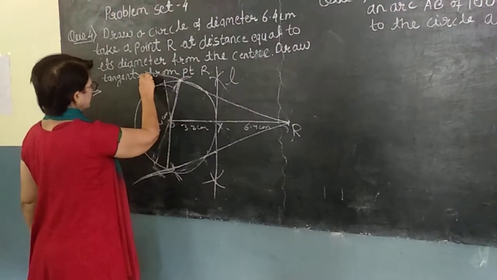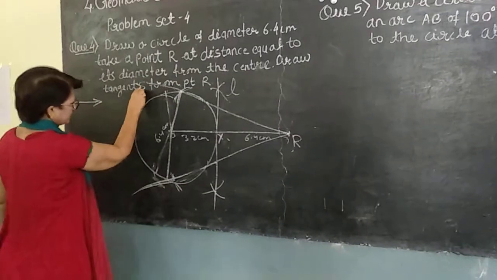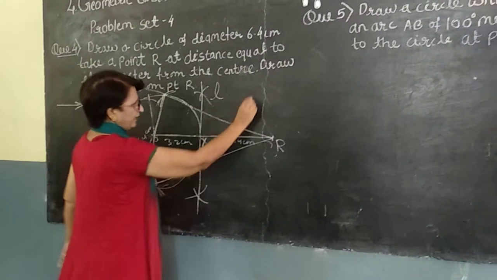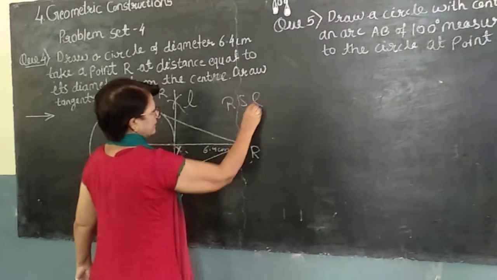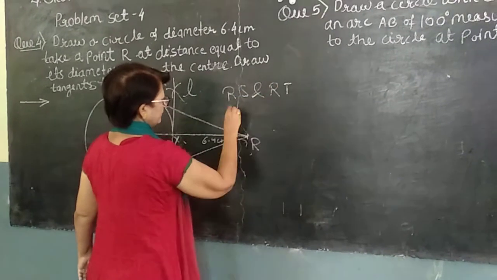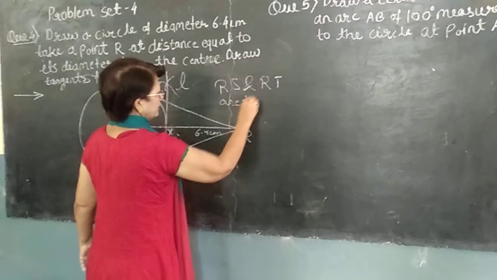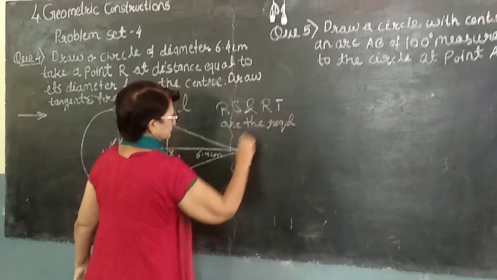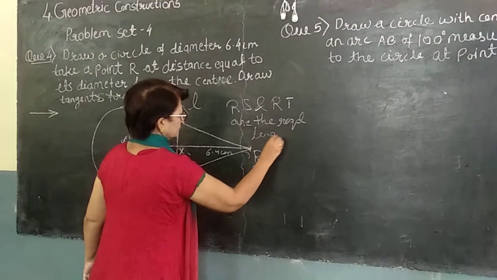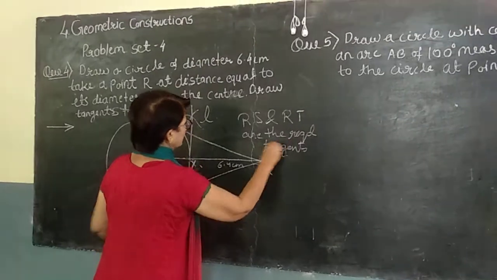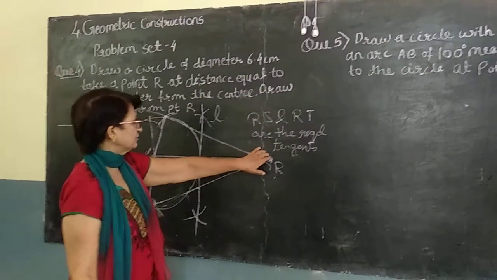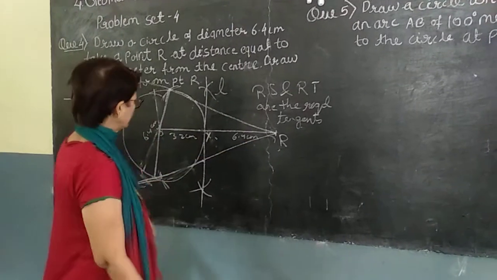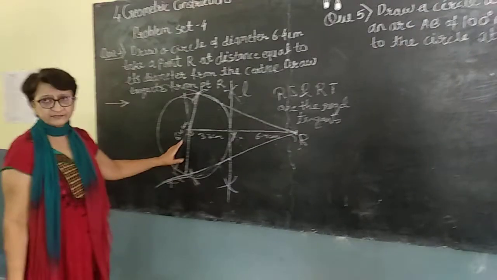This is your L, let this be S, and this is T. Then RS and RT are the required tangents. You have to write the full sentence: RS and RT are the required tangents from the point R. Okay? Understood?